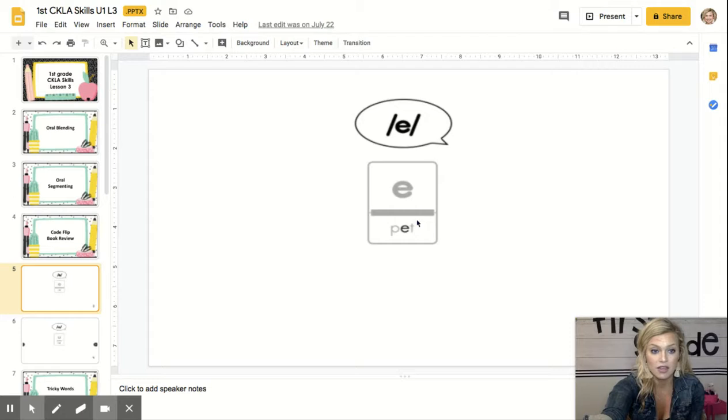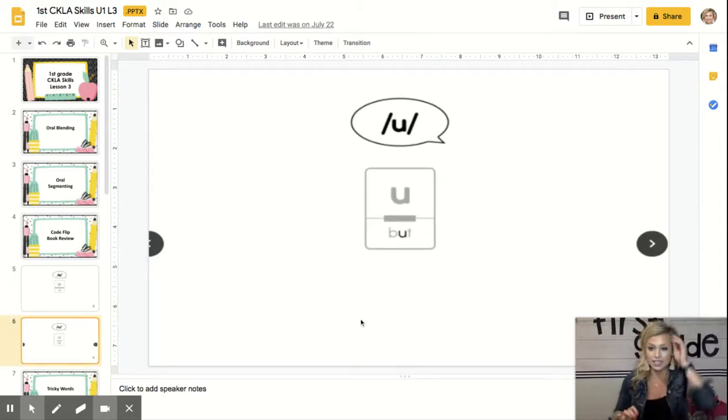So the next one we have as well is this card. Take a second to tell yourself, what letter is this, or what sound is being spelled here? Here, scholars, we have the sound spelled U. And you can see here, looking at our power bar, that this power bar is a little bit shorter than our last card.